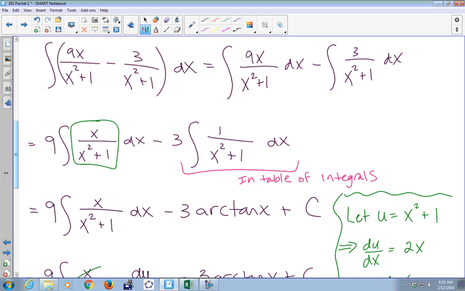It can differ by a constant coefficient because you can just pull constants right out of integrals, but you want to have the same basic kind of function to try to get a cancellation. So I chose u to be x squared plus 1 because its derivative was 2x, and there's also an x in the integrand.